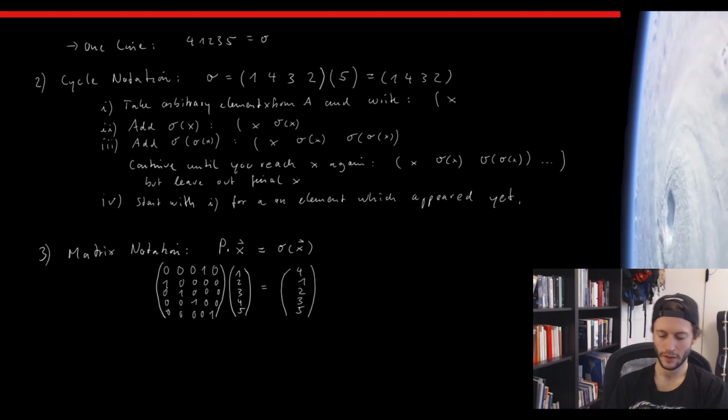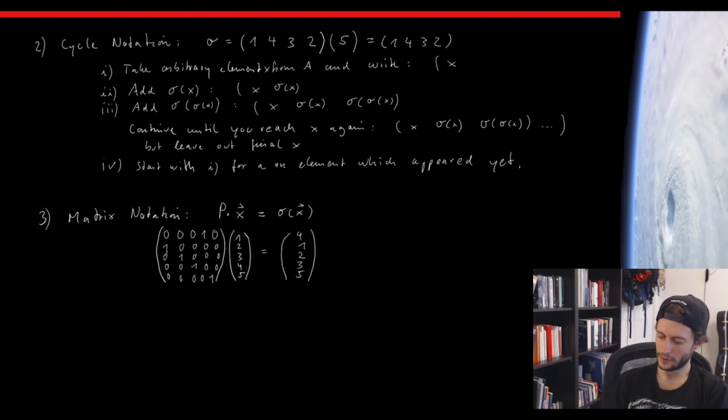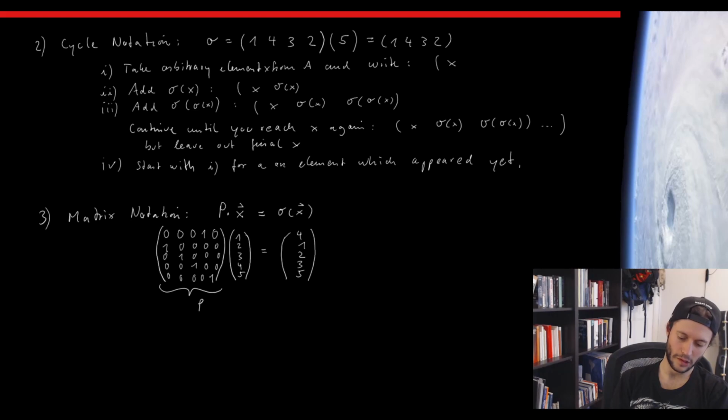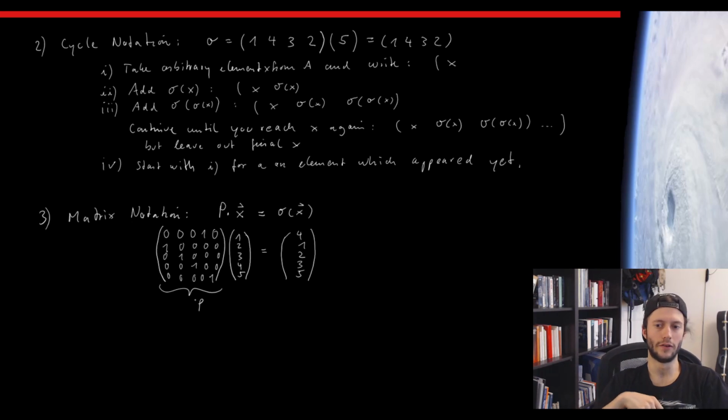And this is your permutation matrix P. So there's also no magic involved. And the most common notations definitely are the Cauchy or the cycle notation. And those are the ones we will use for the next point, which is composition.